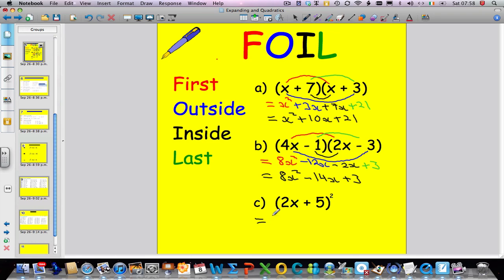So that is actually the same as 2x plus 5 times itself, times 2x plus 5.